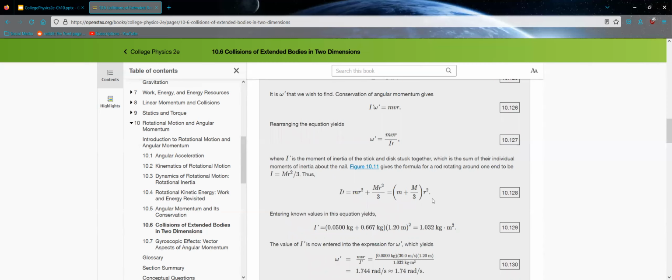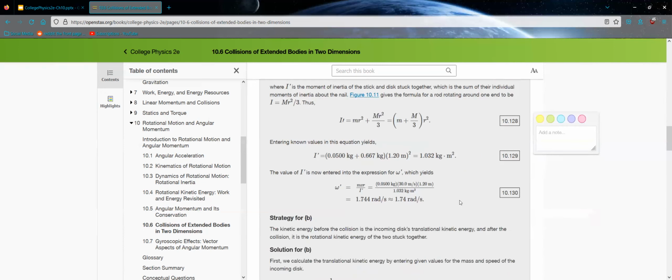We can use our equation and what we've had here to summarize up a big equation describing, again, that rod as it spins around. That's one moment of inertia equation, and the disk, a different moment of inertia equation. So that's what we're looking at here at equation 128. Plug in our information, and we solve it out pretty readily here.